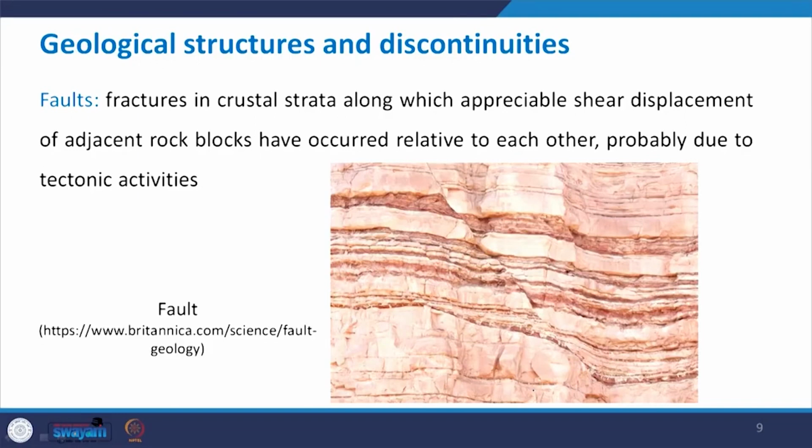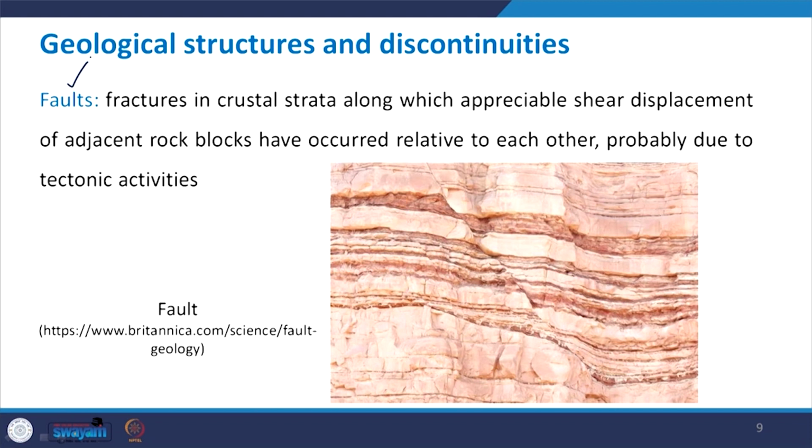Coming to the next geological structure, which is the fault. Basically, faults are fractures in crustal strata along which appreciable shear displacement of the adjacent rock blocks has occurred relative to each other, probably due to tectonic activities.